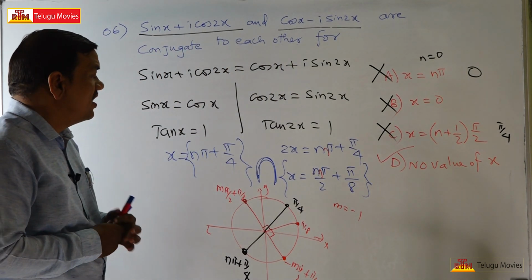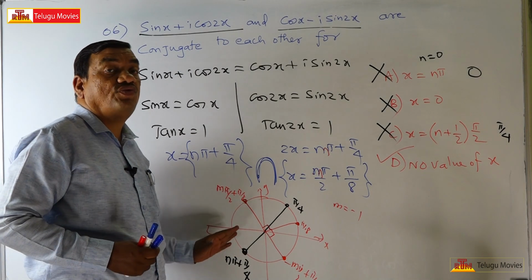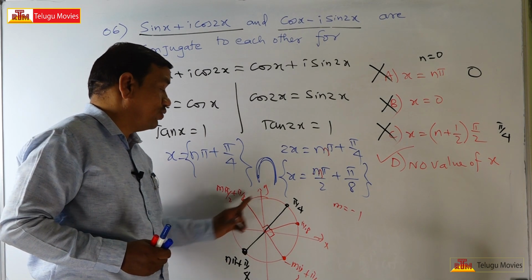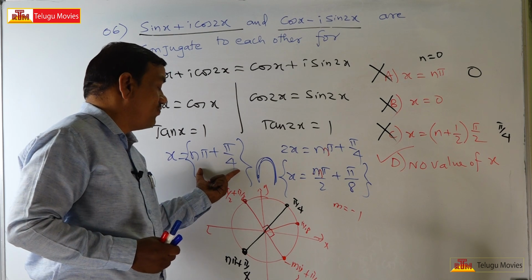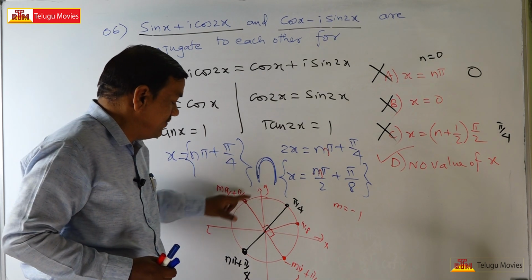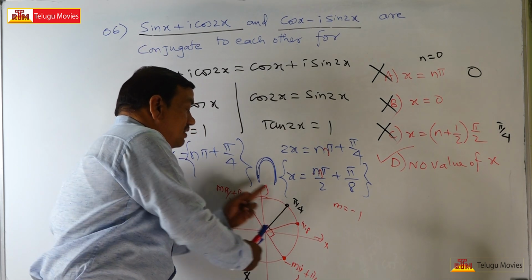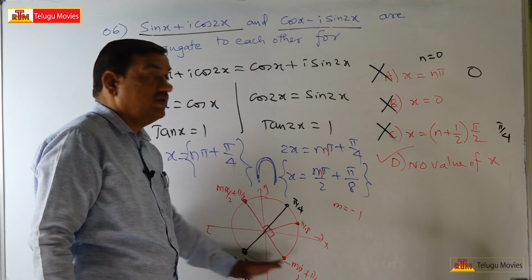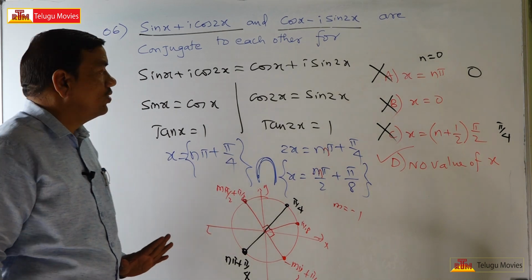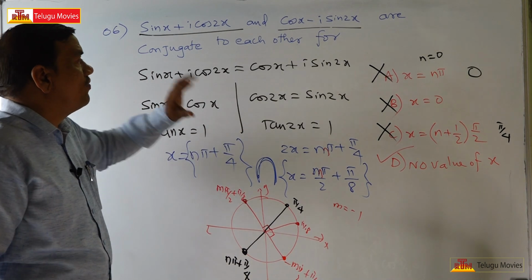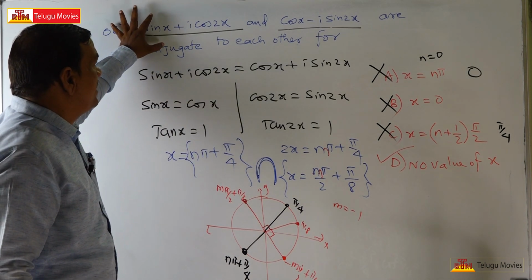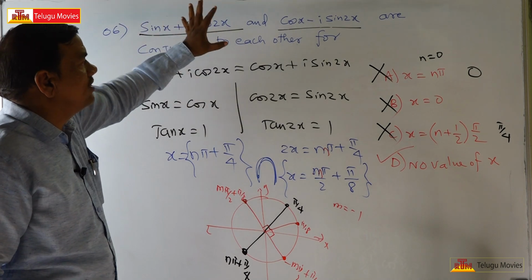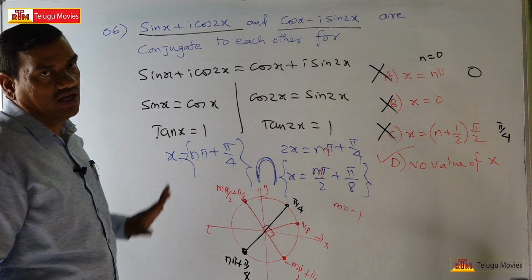Otherwise, theoretically you can prove that these sets of values will rotate like this: π/4, 3π/4. The second set of values will be like this. Understand this? So for no value of x are the conjugate of sin x + i cos 2x and cos x - i sin 2x equal to each other.